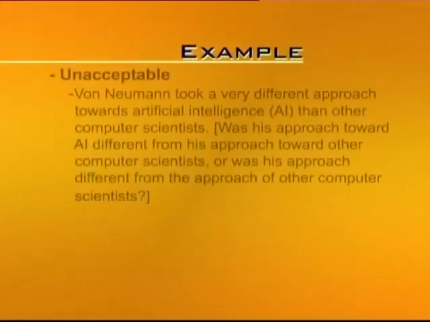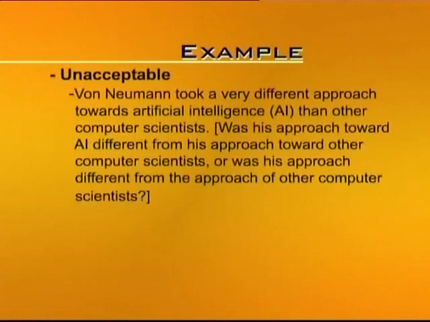Also, von Neumann took a very different approach towards artificial intelligence, AI, than other computer scientists. अब यहाँ, what are you trying to say? Are you trying to say that his approach towards AI was different from his approach towards other computer scientists?